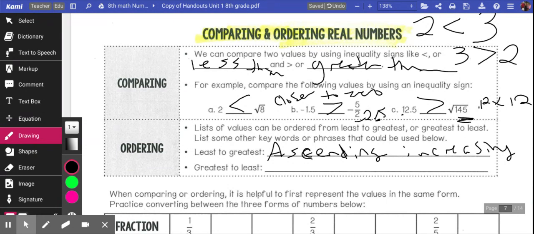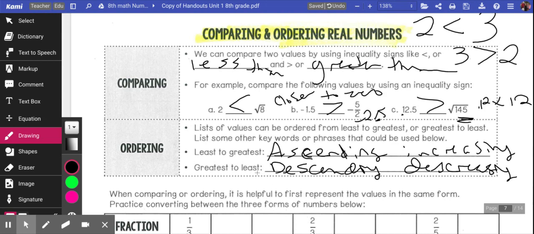Okay, you could write that down. And then the greatest to least would be the opposite. So descending, decreasing, and then max to min.